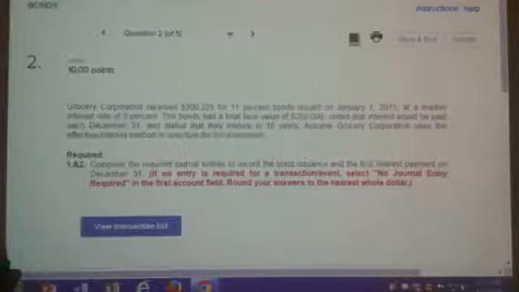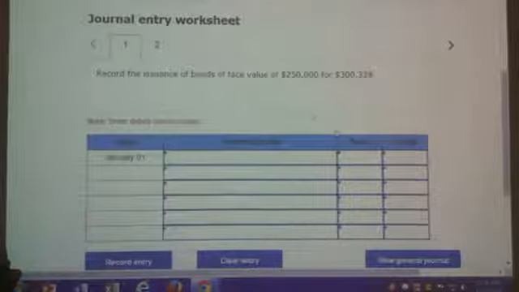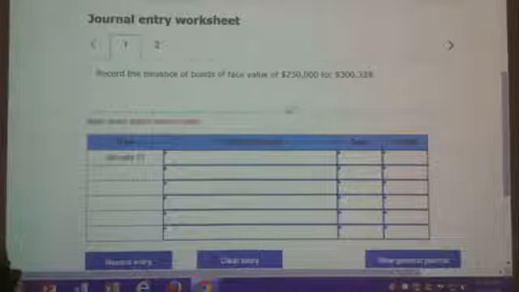Assume Grocery Corporation uses the effective interest method to amortize the bond premium. They want us to complete the required journal entries to record the bond issuance and the first interest payment on December 31st.